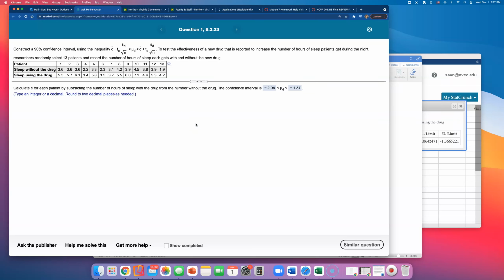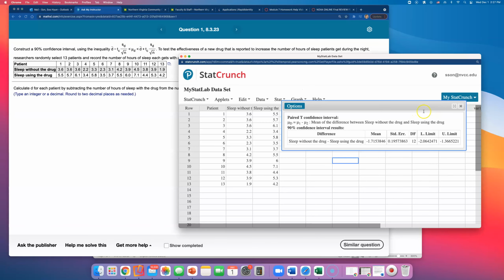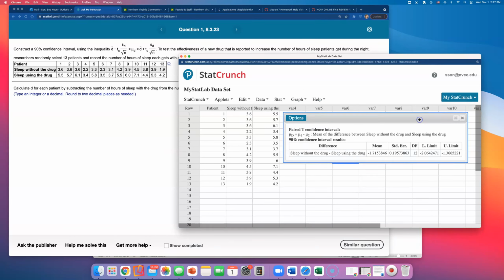But I wish they asked us that part. But if you are just simply calculating the confidence interval, you can use this tool on your homework and your quiz. But I'm gonna have to figure out how to connect my TI-84 once I find it, so that I can show you that you can do the same thing using TI-84.